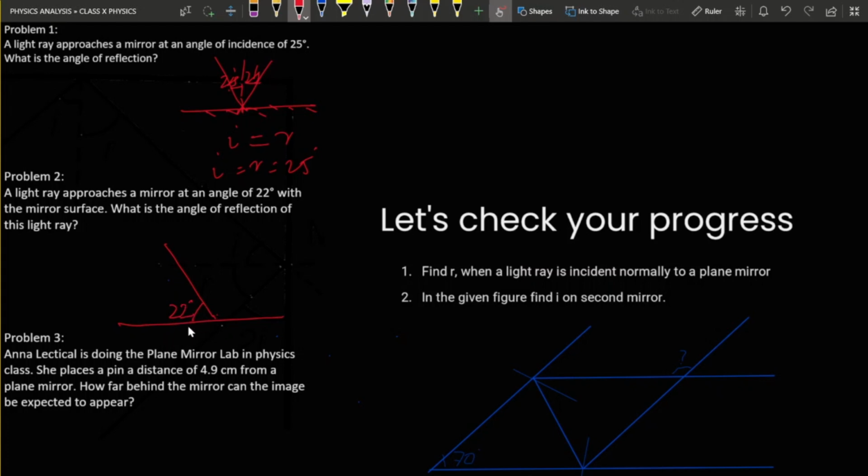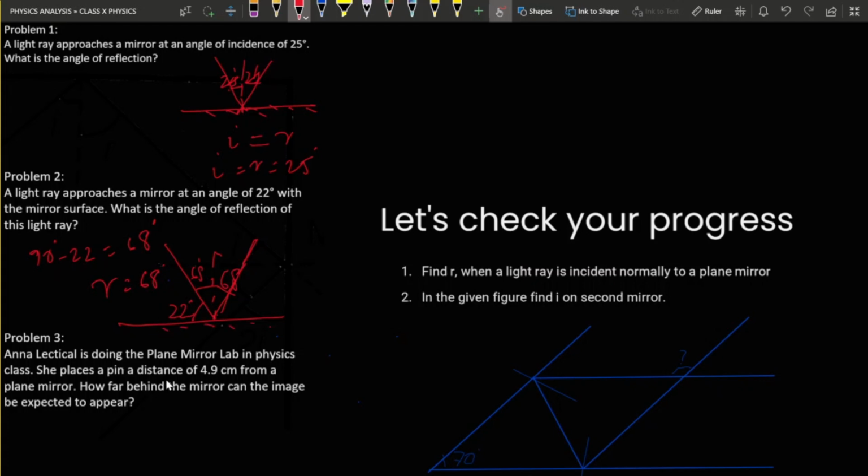You know, this is the glancing angle, and if you take the normal, this will become 90 minus 22, that is 68 degrees. Following the law of reflection of light, if this is 68, then this will also be 68. So r is equal to 68.